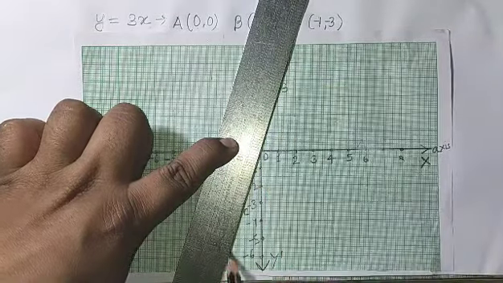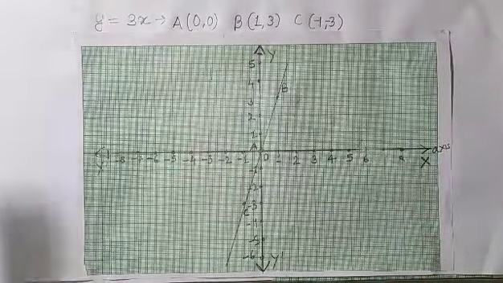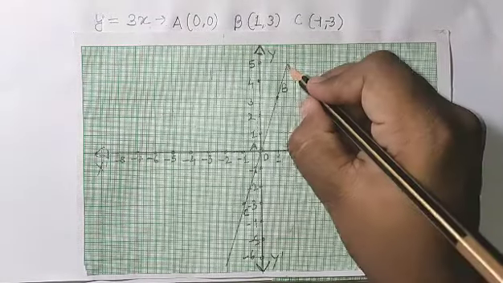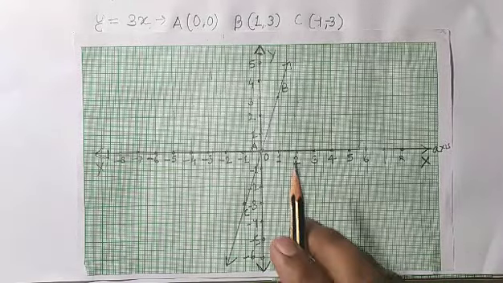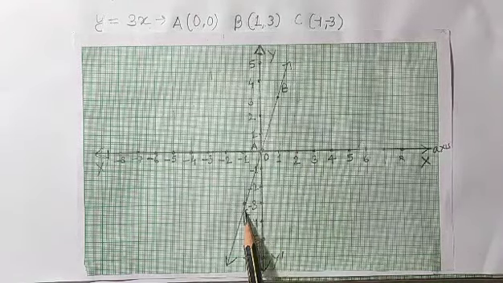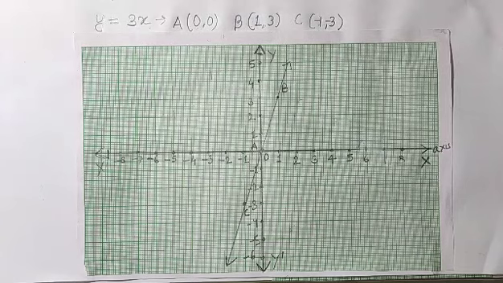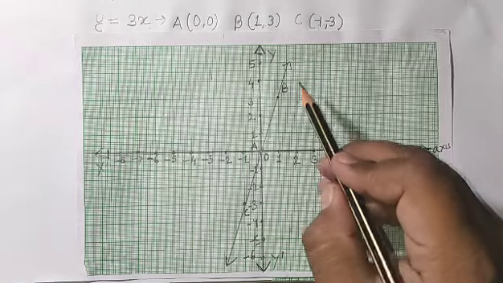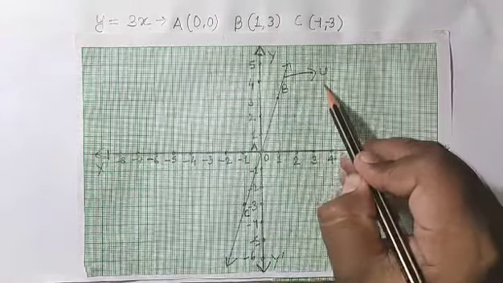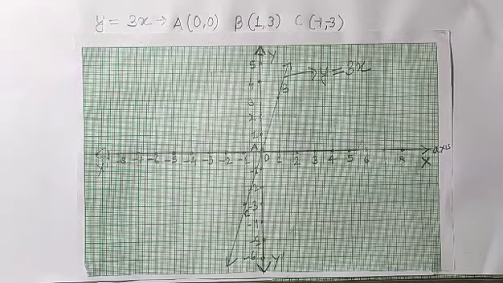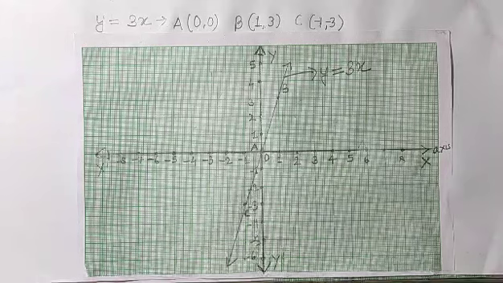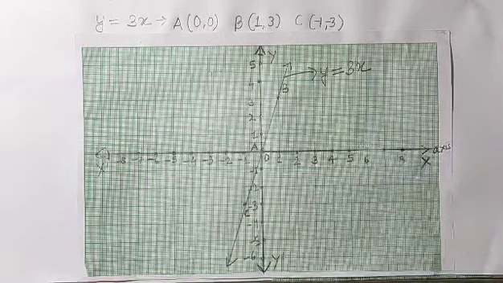Like this we will draw a line to join these 3 points, A, B and C. So this is the geometrical representation of the graph of y is equal to 3x. Like this, students, you can represent linear equations on the graph.